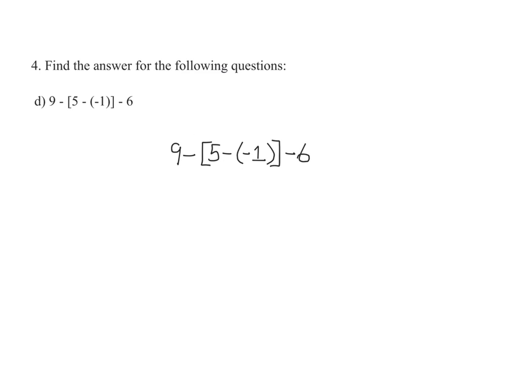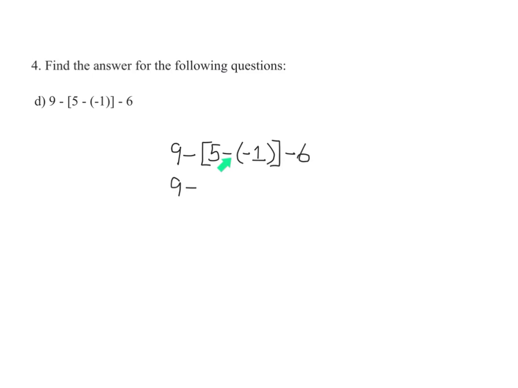For D, 9 minus 5 minus -1 minus 6, we use the rules for the order of operations, which tell us to complete any operations inside parentheses, in this case, brackets. That is, we bring down the 9 minus, and now we need to simplify what's inside these parentheses.